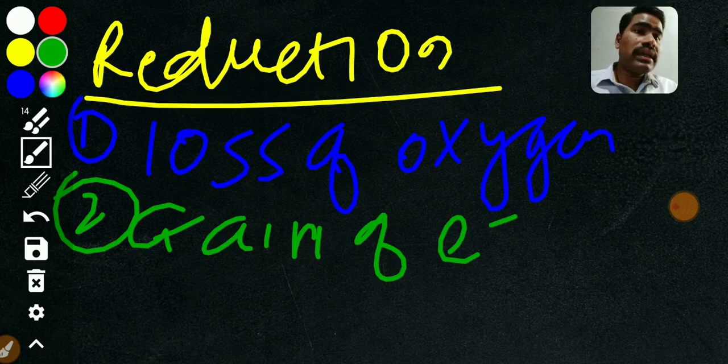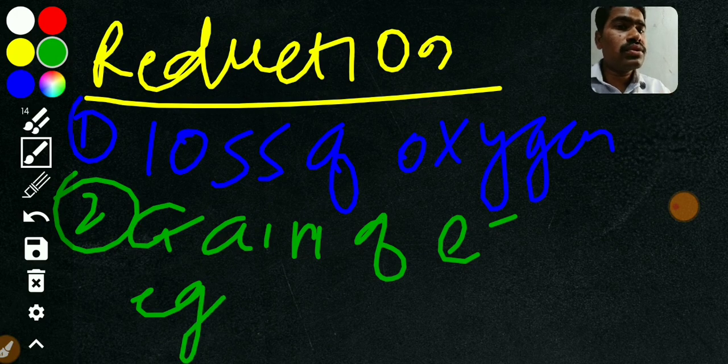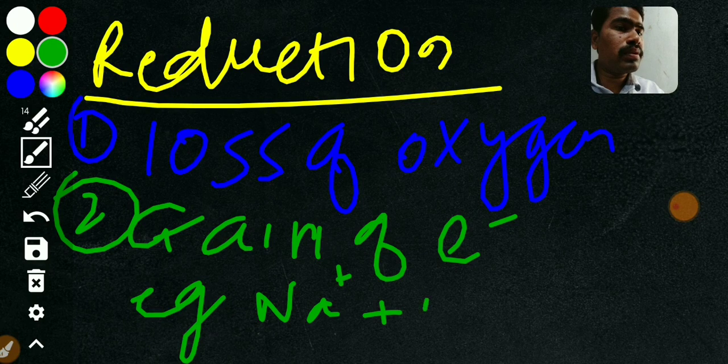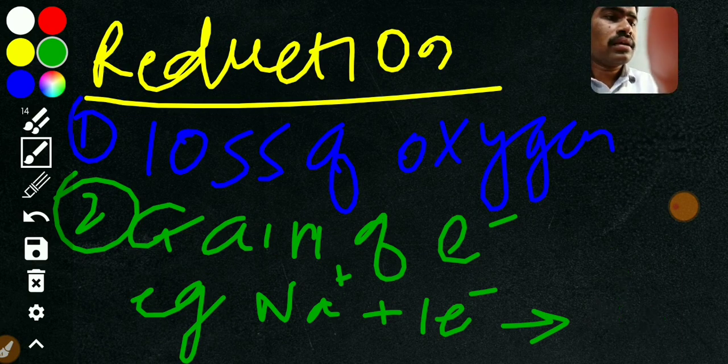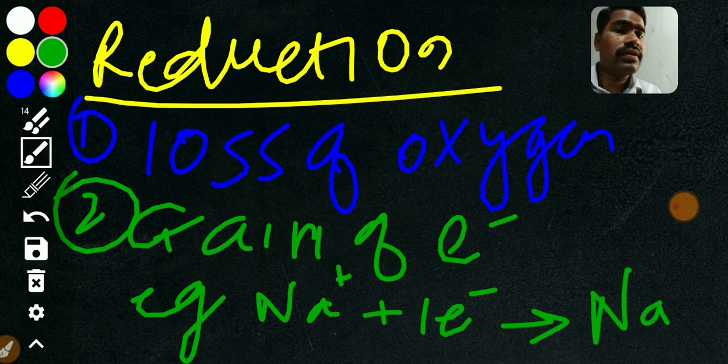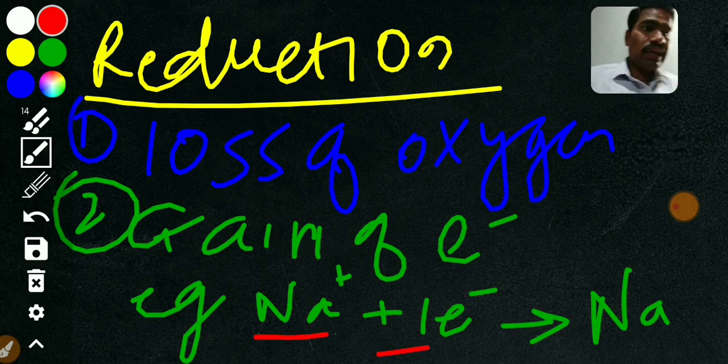If the electrons are gained, for example, I'm writing here the example of this. Suppose Na plus 1 e, so it becomes Na. If Na gains an electron, that can be called a reduction reaction.